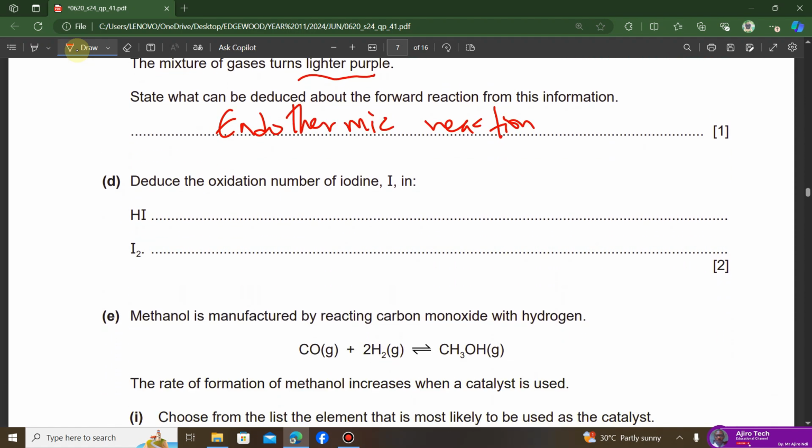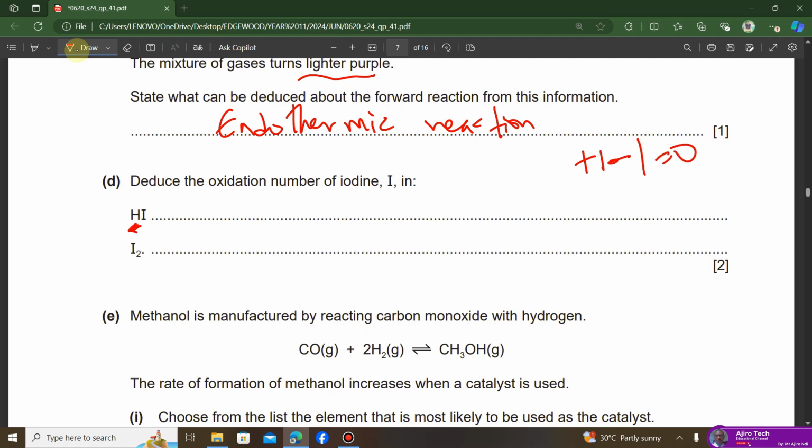Next one, deduce the oxidation number of iodine in this. The oxidation number of hydrogen is +1. Remember that in a neutral compound, the sum of the oxidation numbers should be equal to 0. This is a neutral compound, it is not charged. So when hydrogen is +1, in order to make the sum of the oxidation numbers 0, iodine needs to be -1.